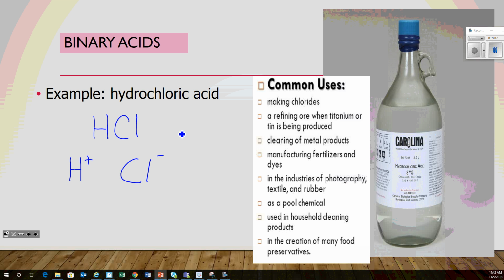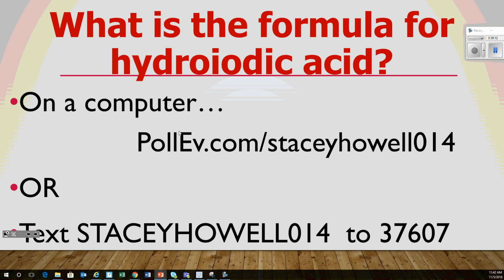We use acids that have more than 2, and these are called oxyacids. Oh, let's do this one first. So let's see if you can figure out what the formula is for this one. So I'll get this one up. Sorry, I have to activate it. There we go. So it should be activated on your account.